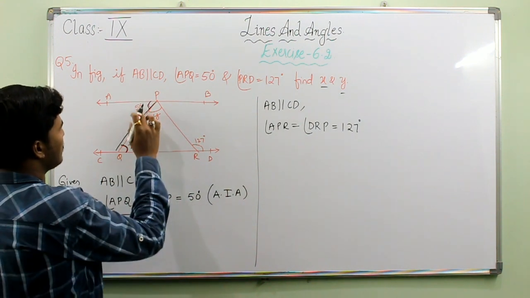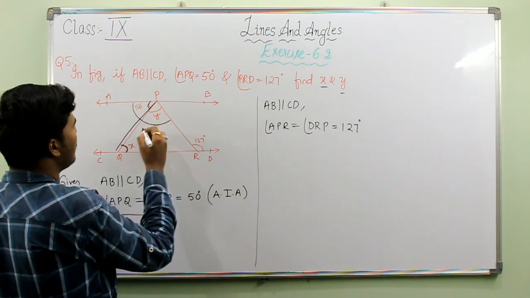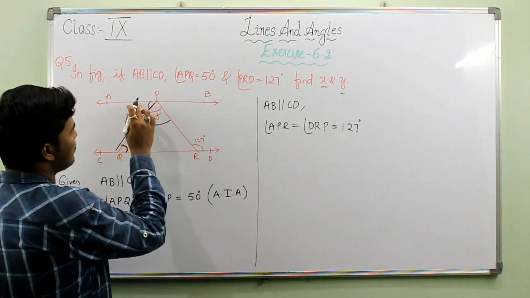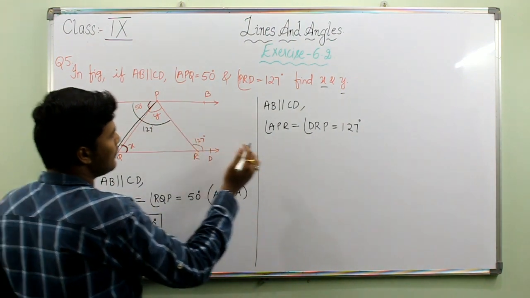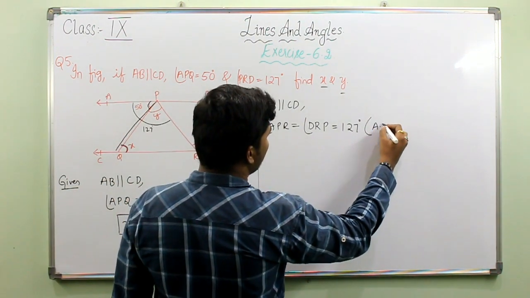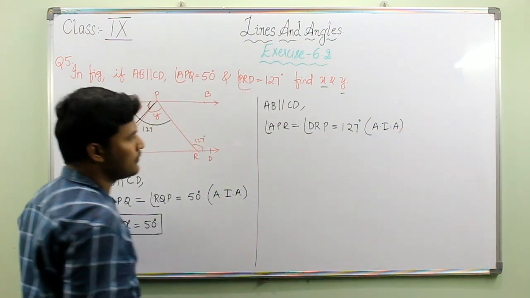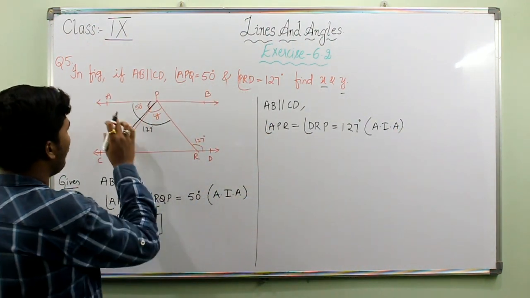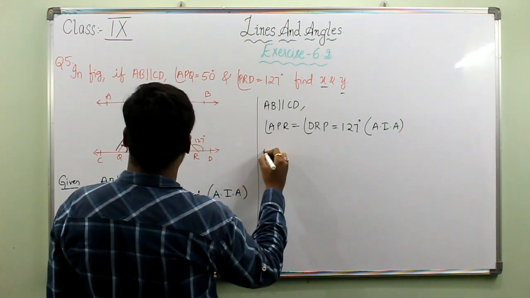So this complete angle will become 127 degrees because this is an alternate interior angle for this. What is the reason here? Alternate interior angles.